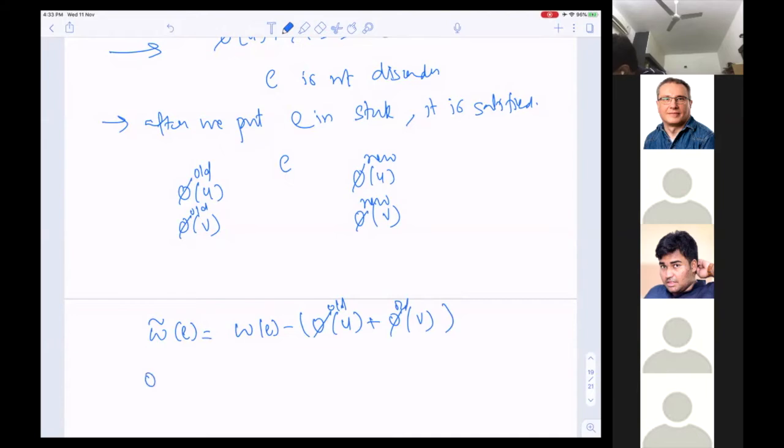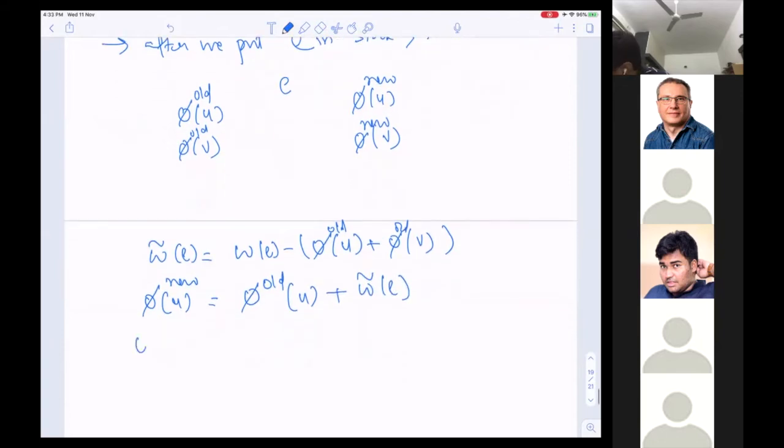And phi U new is nothing but phi old of U plus W tilde of E. Phi V new is phi old of V plus W tilde of E.